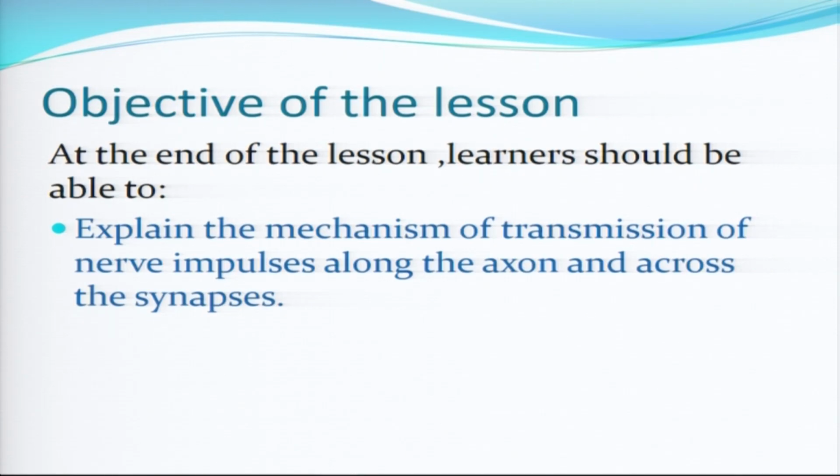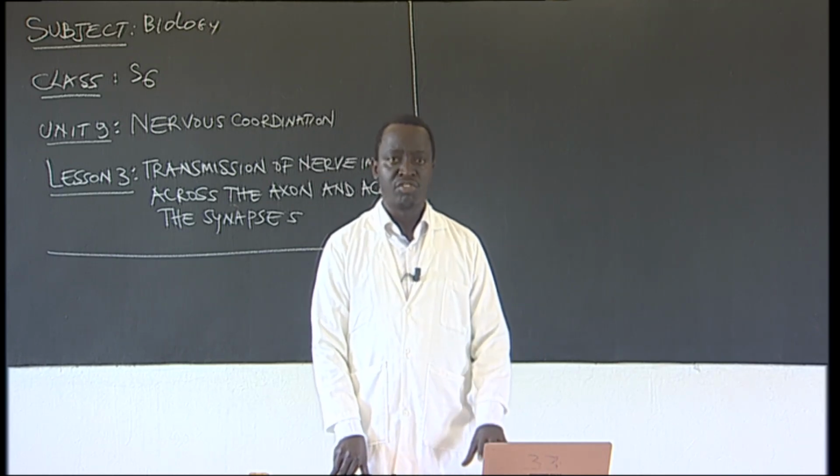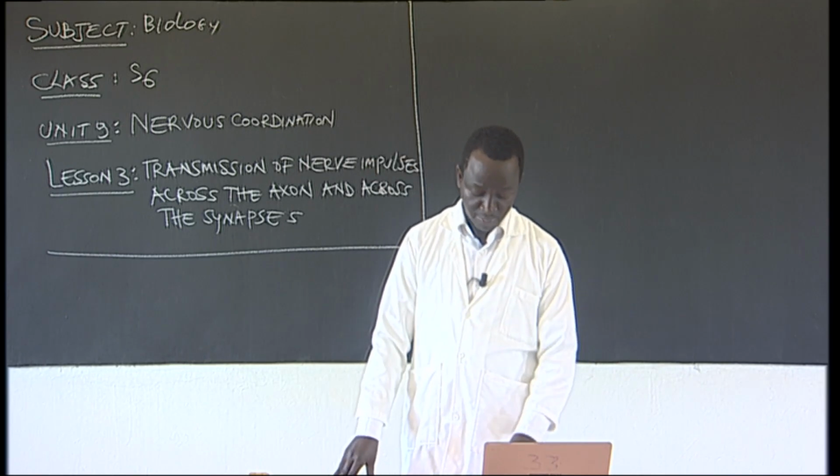At the end of this lesson, you will be able to explain the mechanism by which the impulse is transmitted along the axon and also across the synapse. So you will be able to describe that mechanism.